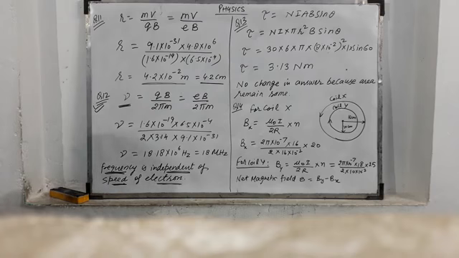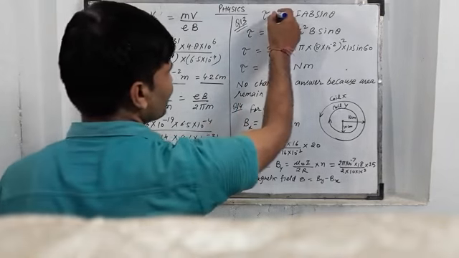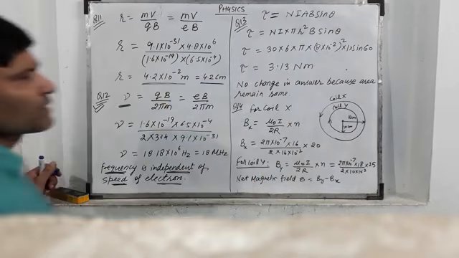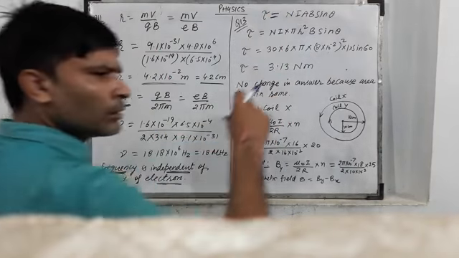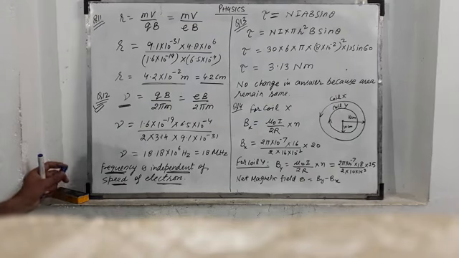In question number 13, the question is asking about the counter torque. The formula is the same for counter torque, deflecting torque, and restoring torque. In equilibrium, the deflecting torque is equal to the restoring torque.